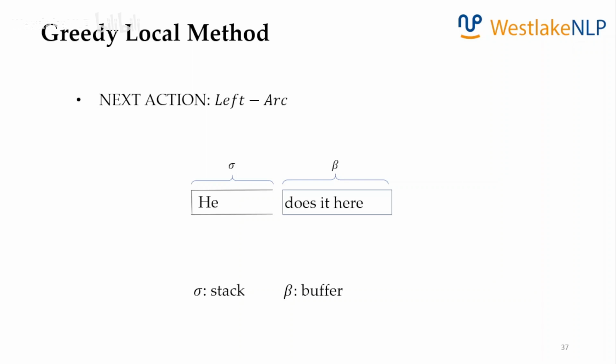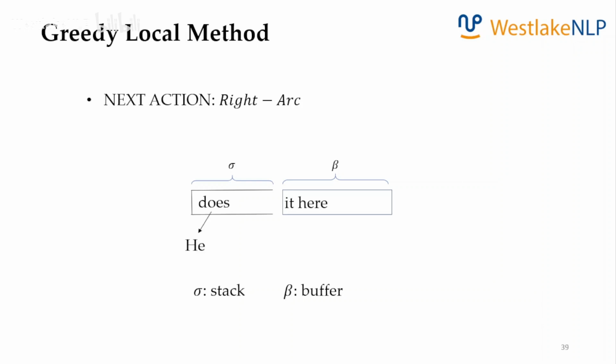So let's say from the three actions, left arc, right arc, and shift, the model assigns the highest score to left arc. So the next state will be like this. He depends on does. Again, we have to resolve ambiguities, right? So now the only action we can take is to shift, okay? Shift does onto the stack.